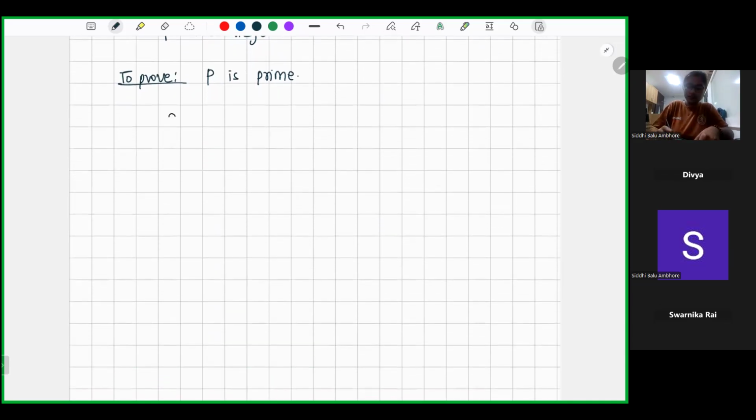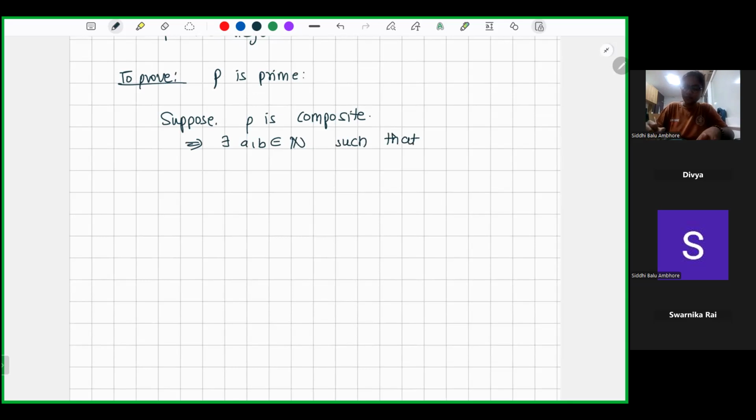So P is prime, we have to prove. We will do that. Suppose that P is not prime. Suppose P is composite. So this implies there exist A and B in N such that P is equal to AB.